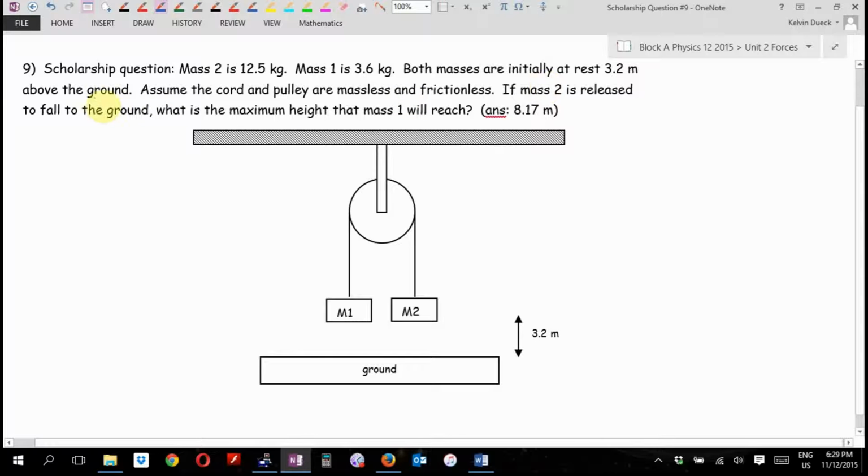Now, it does say they're both initially at rest, and mass 2 is 12.5, mass 1 is 3.6. Mass 2 is the winner. Mass 2 g, and then there's going to be a minus tension, a plus tension, a minus m1 g, and that's going to be m1 plus m2 times a.